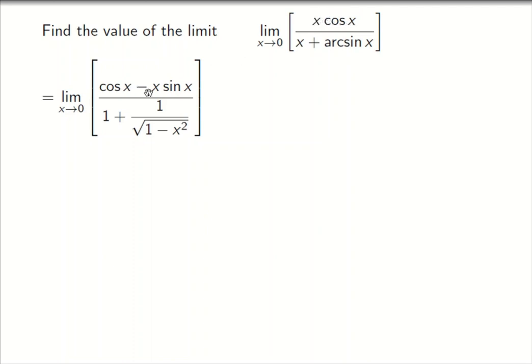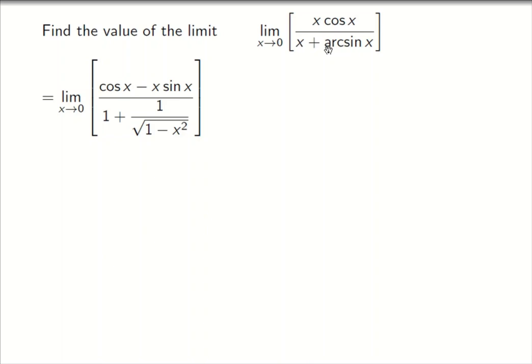Differential of x is 1, so 1 times cos x, which is cos x. Then minus, I'll keep this x and I differentiate this. The reason why we are bringing minus is because it's supposed to be plus, but the differential of cos x is what? Minus sin x. Okay, this is very cool, right? Now all over the differential of this side. So in L'Hopital, we just differentiate the top and the bottom separately. That is all.